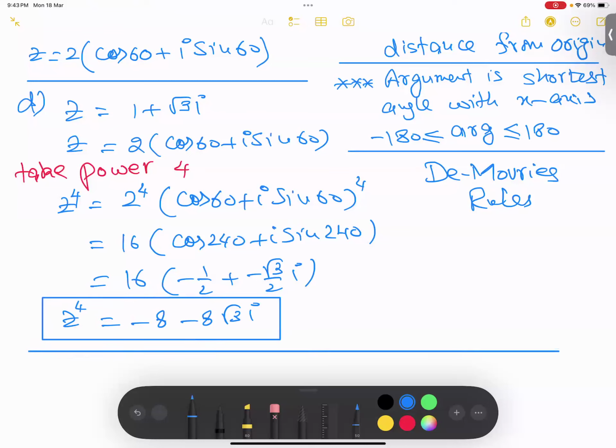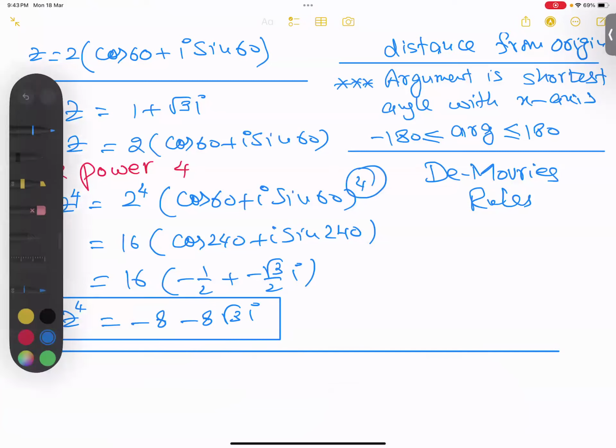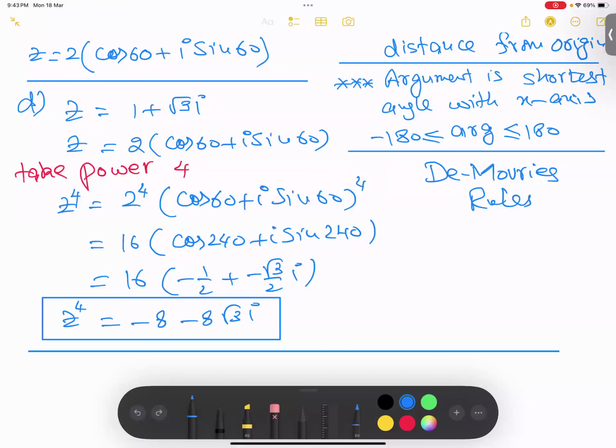Let me quickly revise the story. I repeat once again what I said. Sometimes we can say power 400. How can we deal with power 400? Power 400 will multiply with this angle, and power 400 also comes on the modulus, and then we simplify to get our answer.